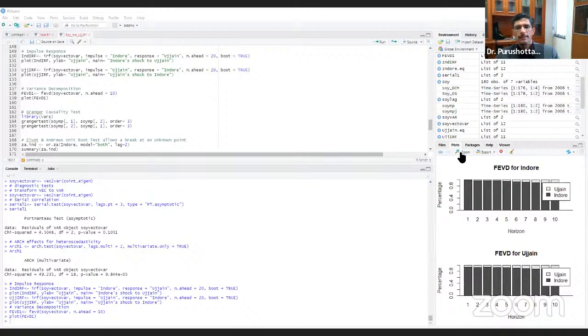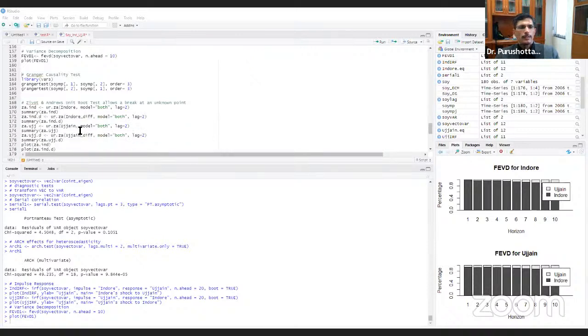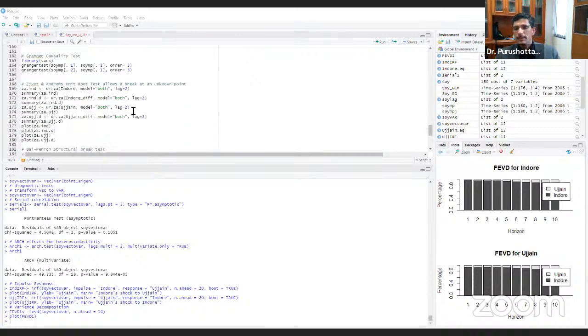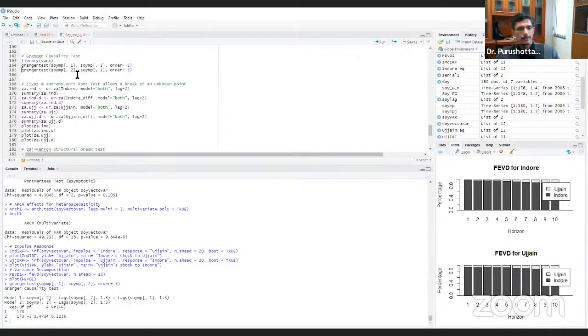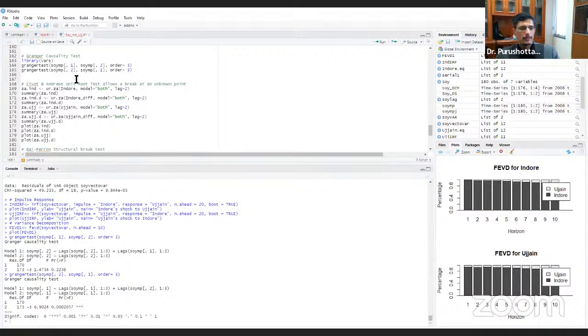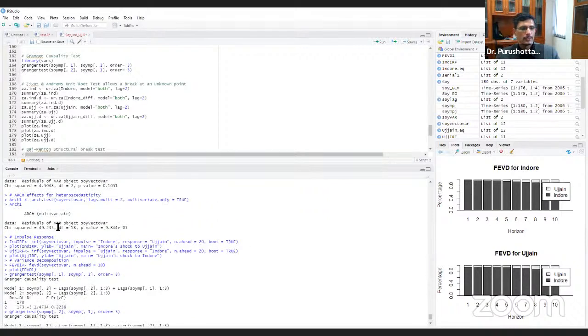Mostly it is affected by its own and partly by the other series in both cases. Okay. Then the Granger causality also, whether it Granger causes the other series, the Indore series as well as the Ujjain series.